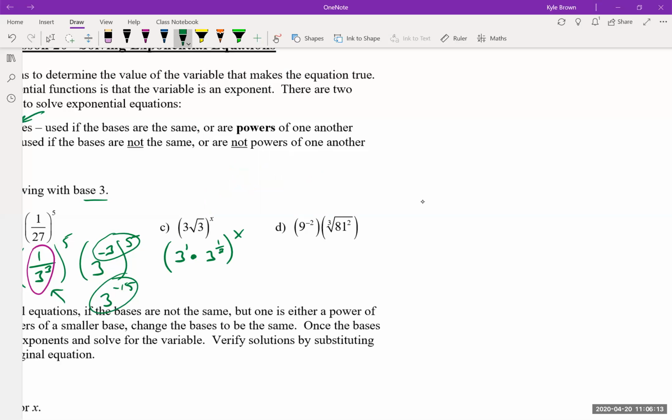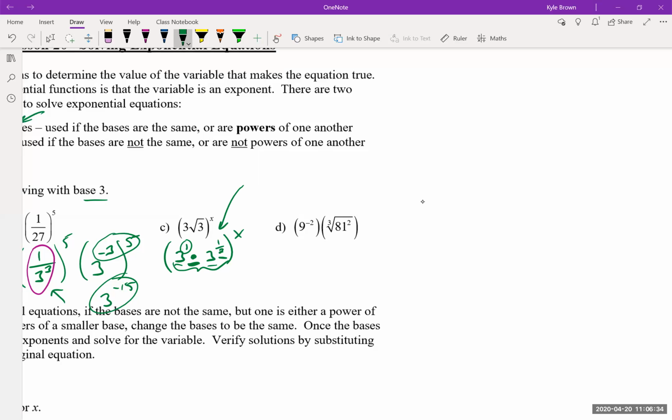Looking at the inside now, we've got 3 to the power of 1 times 3 to the power of a half. Looking back at exponent laws again, what do we do if we're multiplying and we have the same bases? We add the exponents, right?